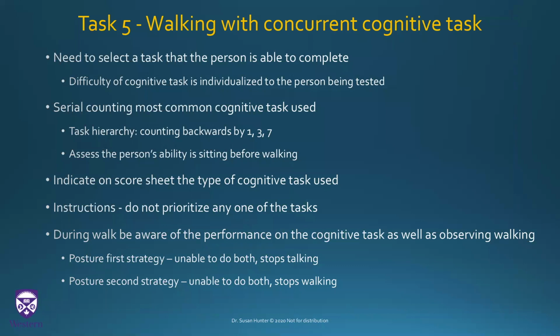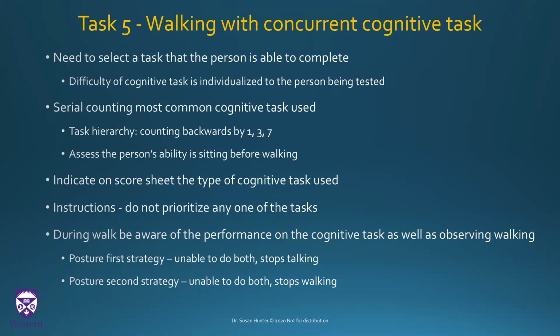So you test the person sitting in a chair before you actually have them execute the task. Common tasks that are done in clinical settings, from research that I've done looking at dual task testing among Canadian therapists, are counting tasks, 1 being the simplest, 3 an increased demand, and 7 an even higher demand.